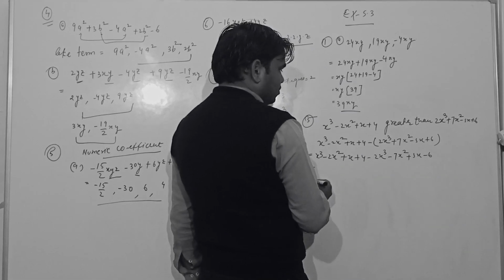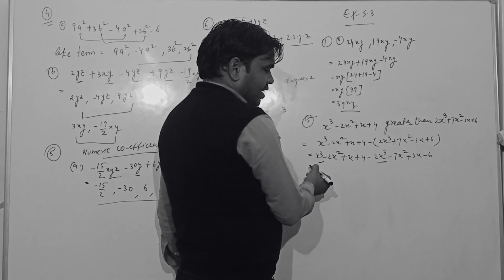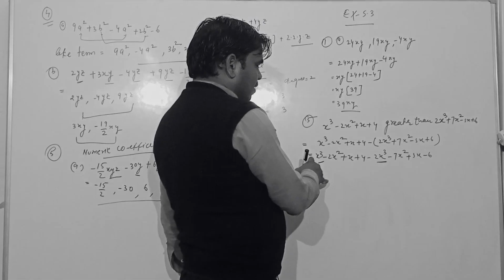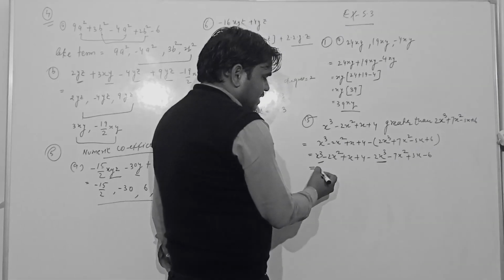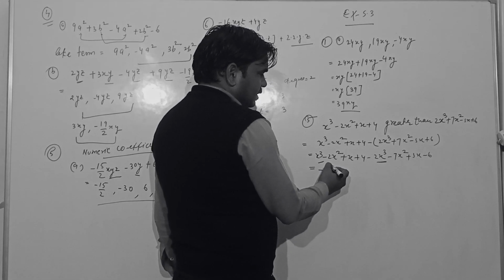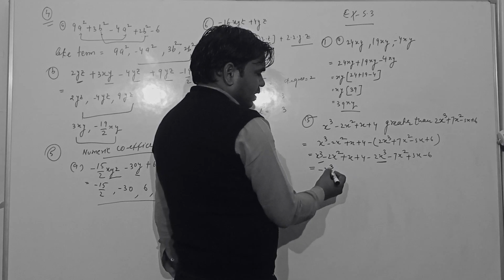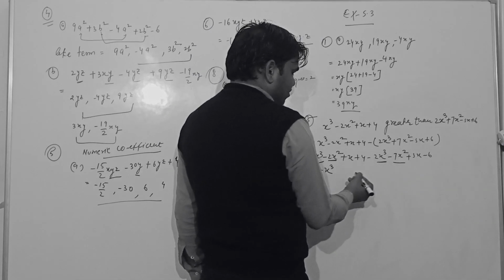So here you see, students, the same variable we have to take, x to power 3, and here x to power 3. So after that we got here minus x cube, and here minus 2x square, and this is 7x square.